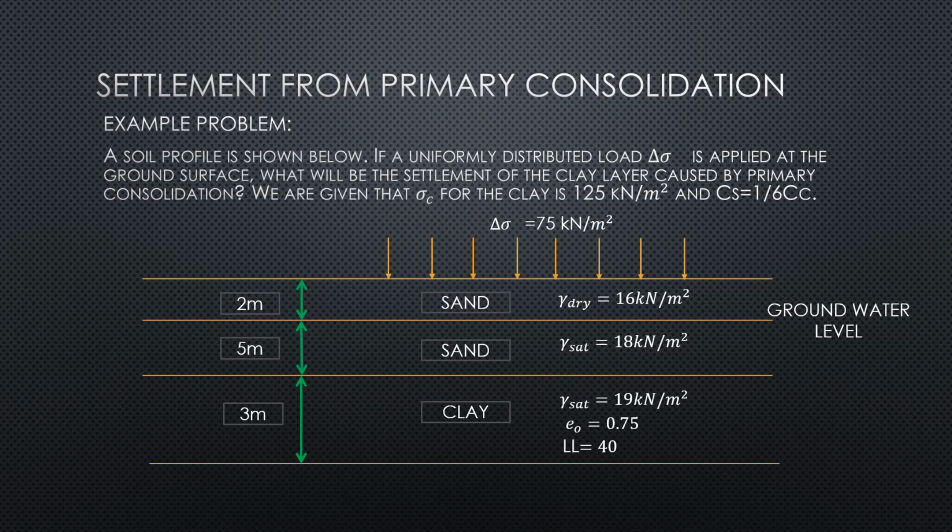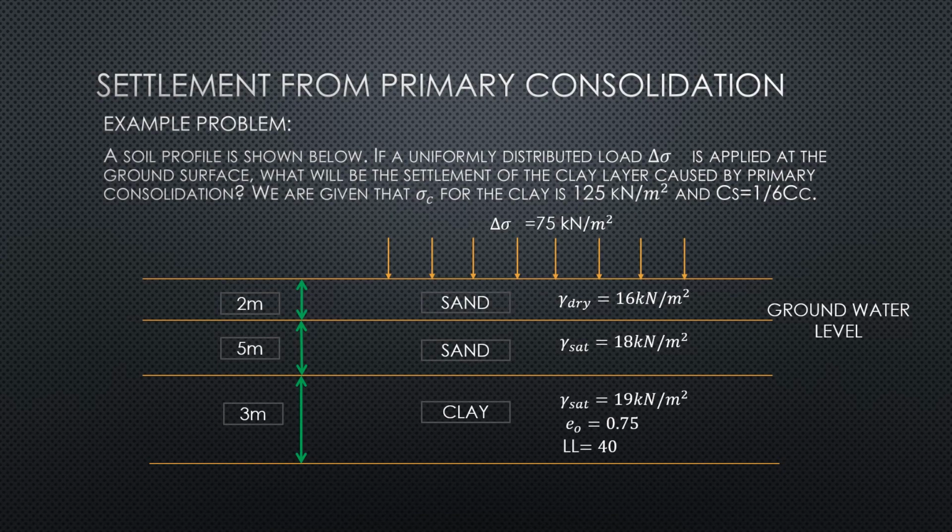Let's discuss an example. I'm sure some of you are familiar with this because it was assigned as homework. The example: a soil profile is shown below. If a uniformly distributed load delta sigma is applied at the ground surface, what will be the settlement of the clay layer caused by primary consolidation?